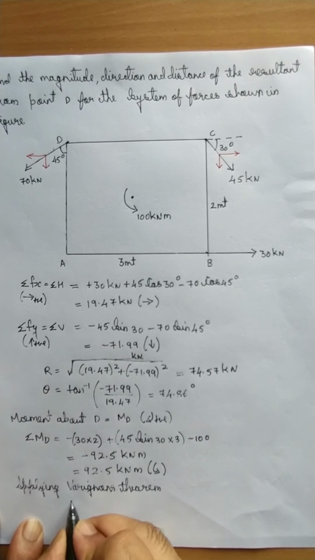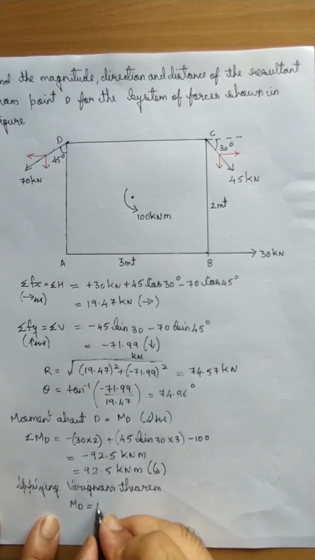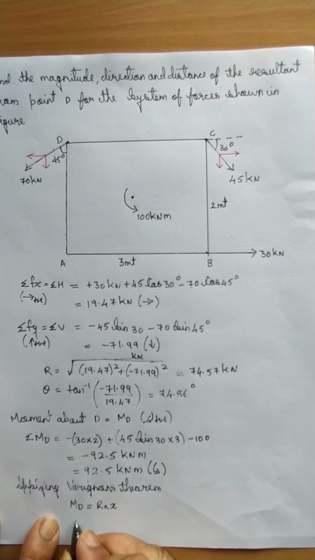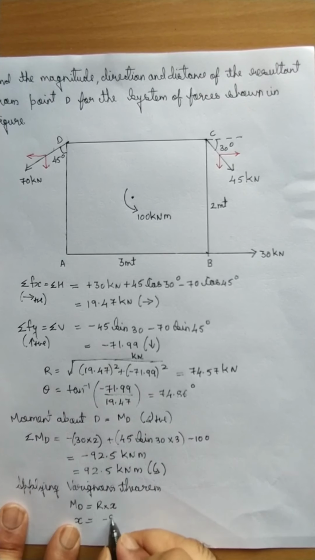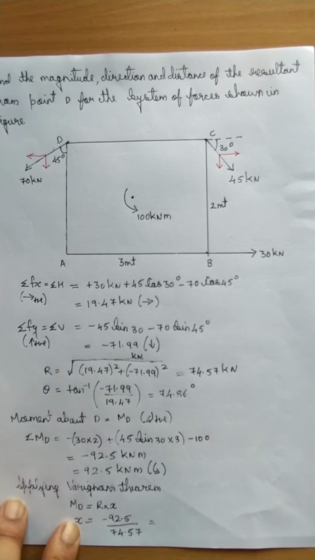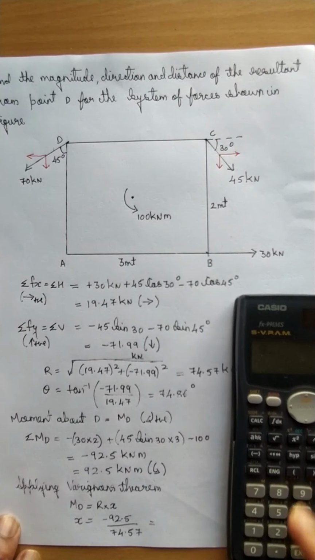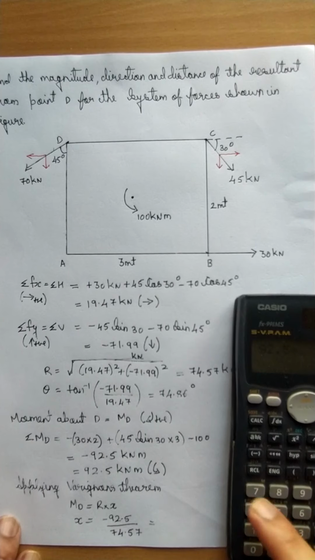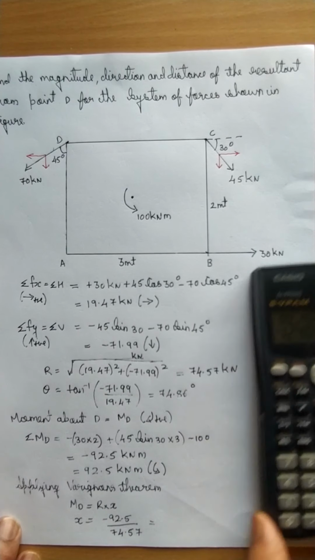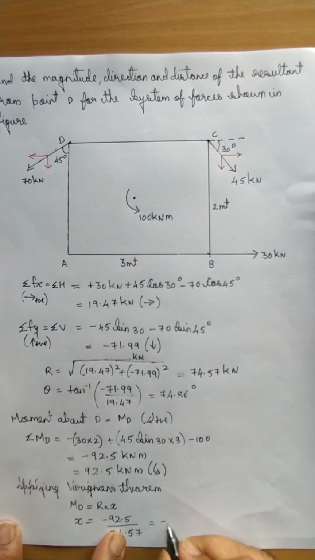MD is equal to R into x. So x will be equal to minus 92.5, that is MD, divided by R, which is 74.57. So let us compute. This is working out to be minus 1.24 meter.